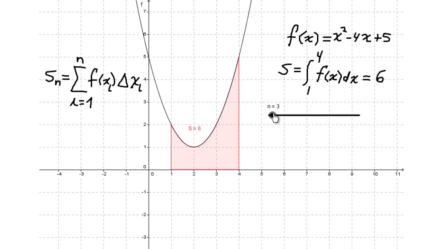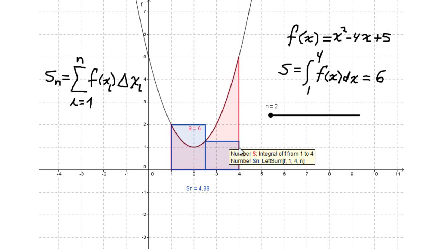You change the number of rectangles. Suppose 2. Now you see the area under the curve. The value is 4.88. It's smaller. It's obvious, no? The area under the curve is the red part, and the other is the blue part.